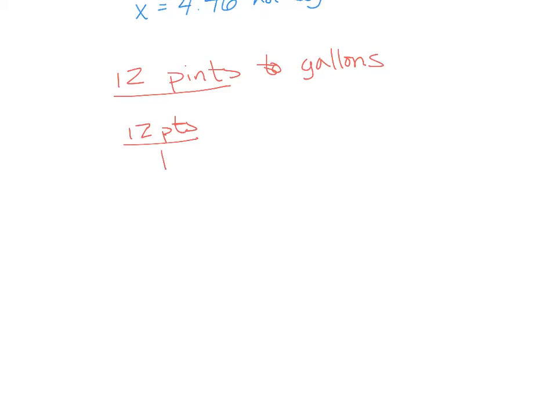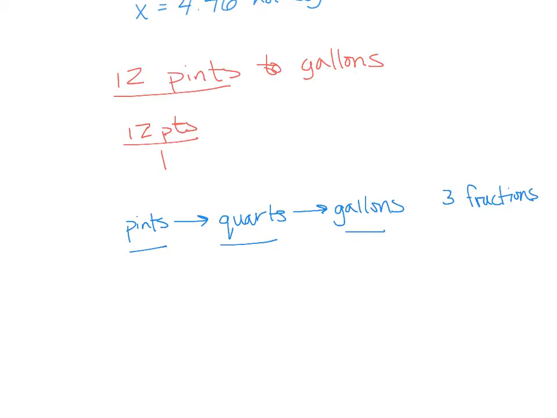Well, if you know how your units work, you know you have pints to quarts to gallons. Now the book shows this in 2 steps. I'm going to show it in 1. So what we want to do is we have 12 pints. This shows you right here, if we know we are going pints to quarts to gallons, that we are going to have 3 fractions. Okay?